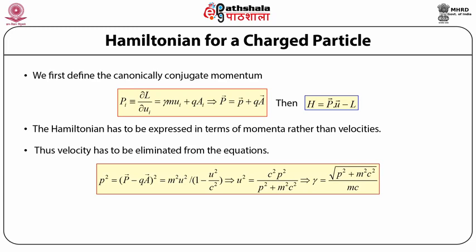So, we get p square equals (P minus qA) whole square equals m square u square divided by 1 minus u square by c square, which implies u square equals c square p square divided by p square plus m square c square, which implies gamma equals under root of p square plus m square c square divided by mc.